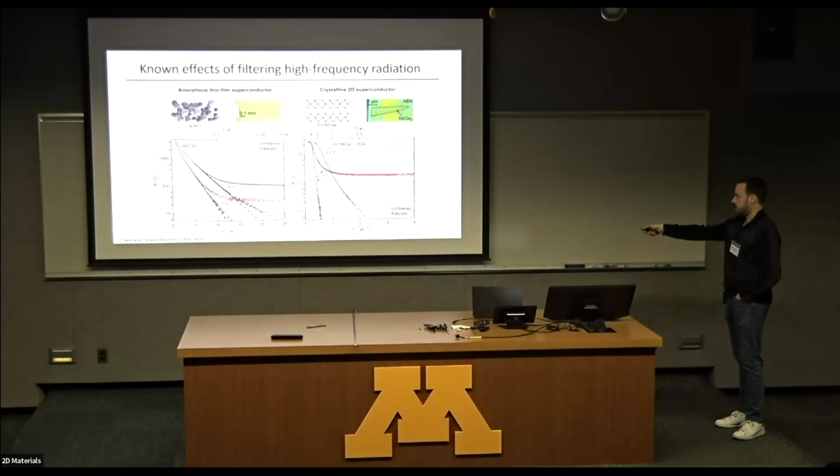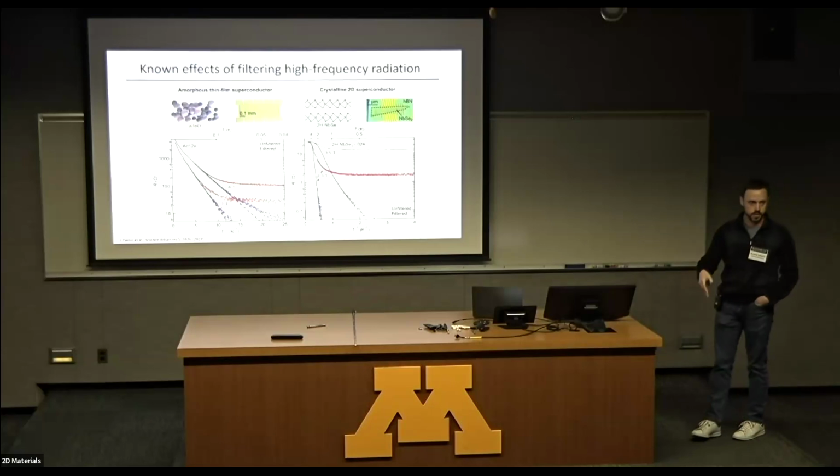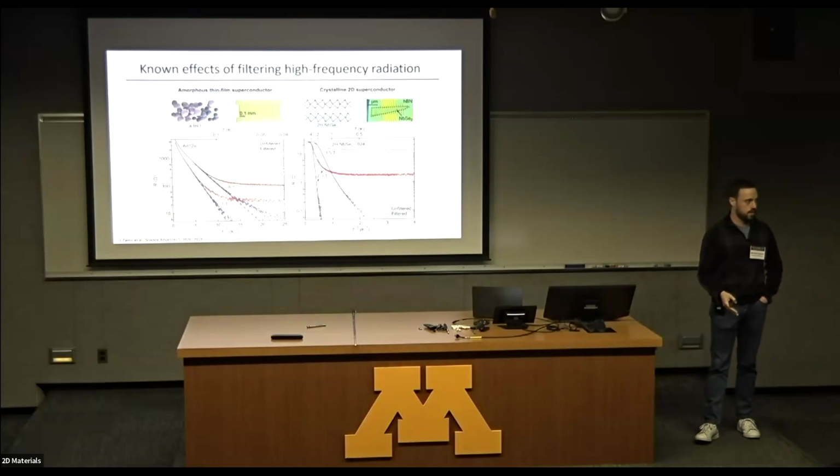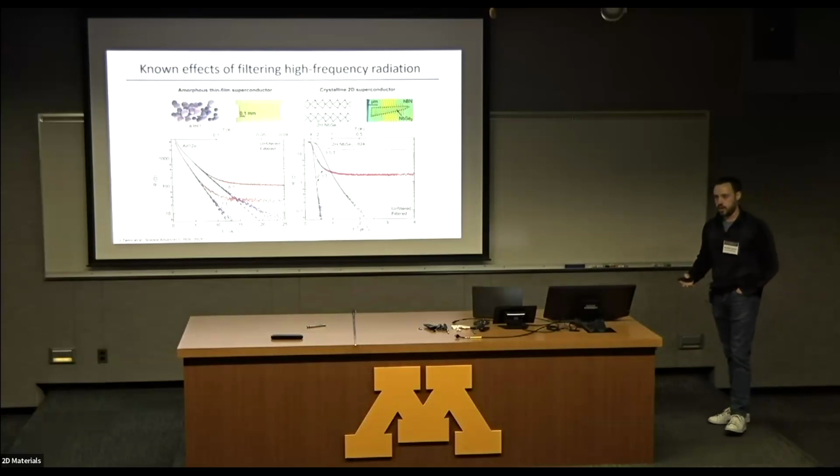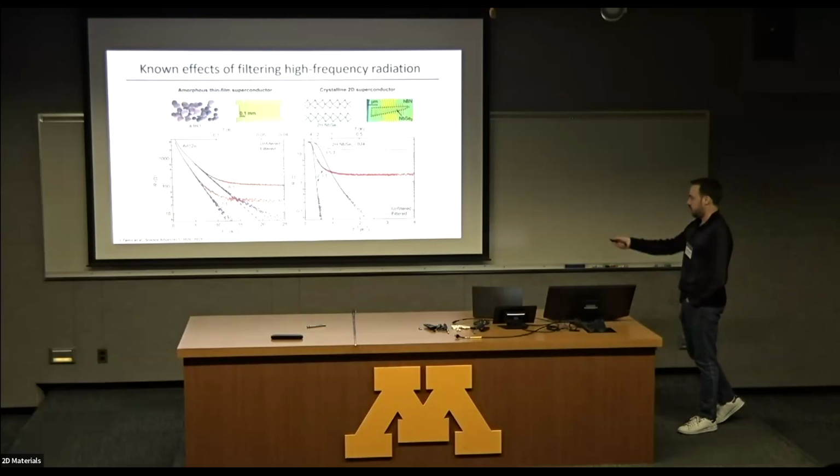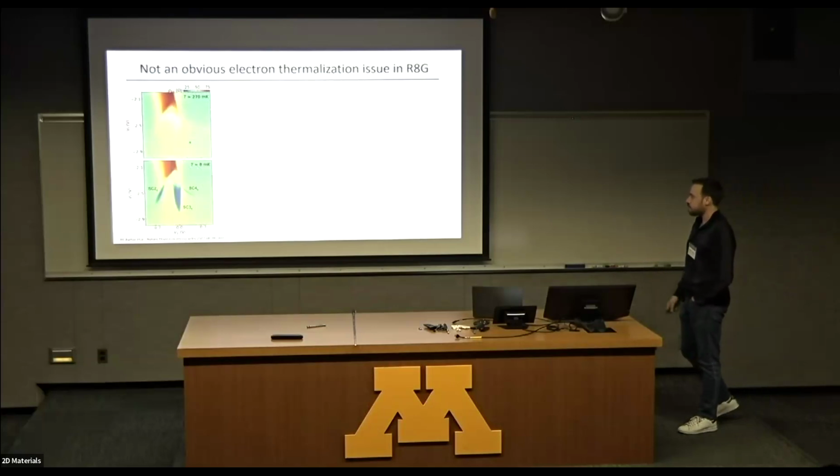And without filtering, the just empirical observation is that you can get an apparent T0 metallic state. When they add the filters, then you get a proper activated superconducting state that shows up. So there are known extrinsic mechanisms why this type of behavior can happen.